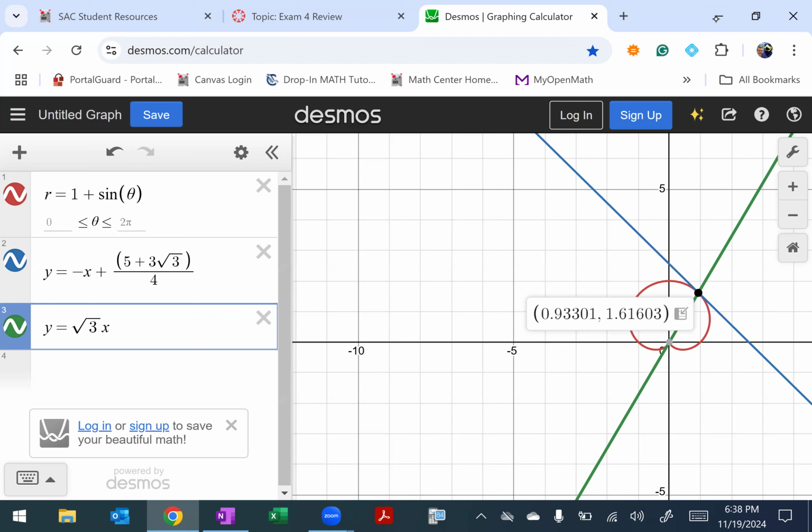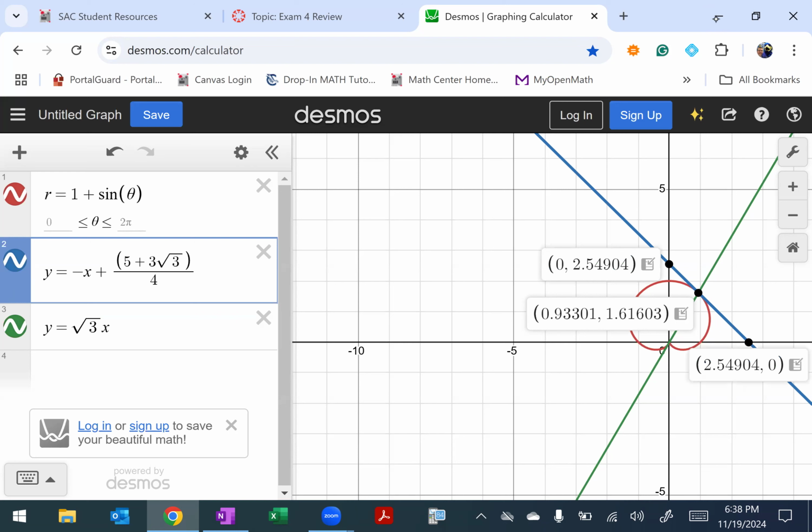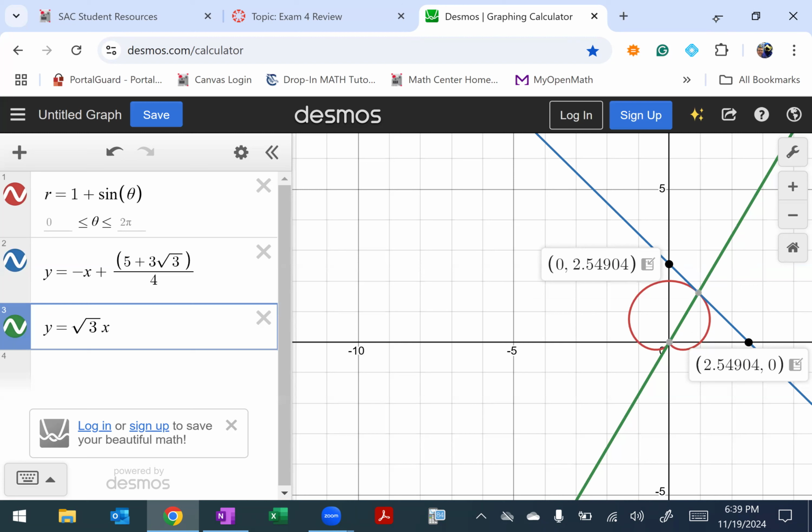It gives it to me not in polar form but in rectangular form. But again, we do see that this line goes through (0, 2.55) approximately and (2.55, 0). And so yes, that is the tangent line at the angle pi over 3 for this cardioid.